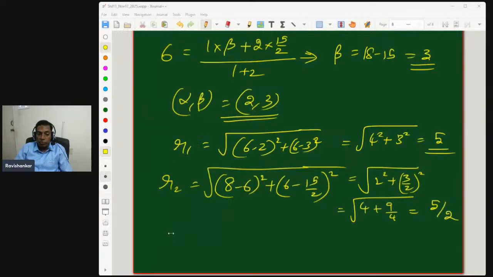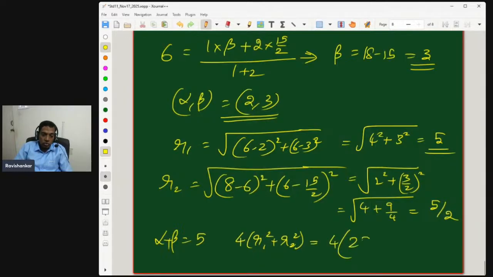So all we have to do is just plug in the numbers. Alpha plus beta is 5. 4 into (R1 squared plus R2 squared) is 4 into (25 plus 25/4), which is 4 into 125/4, which happens to be 125.